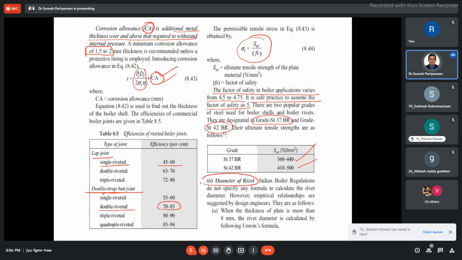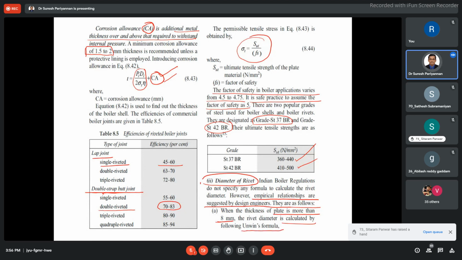The diameter of the rivets is obtained from the empirical relationship suggested by design engineers, the people who made the design data book, especially in the field of boilers. They suggested that when the thickness of the plate is more than 8 mm, the diameter is calculated using Unwin's formula.